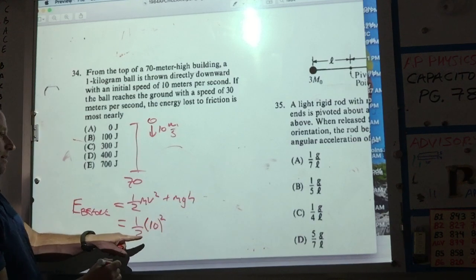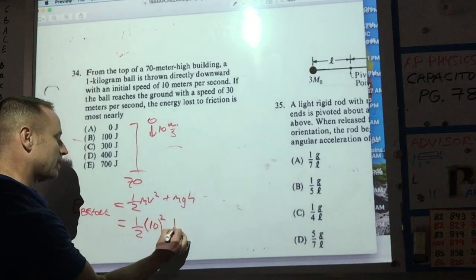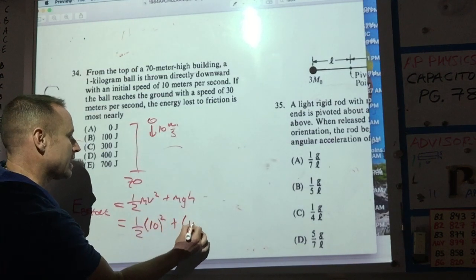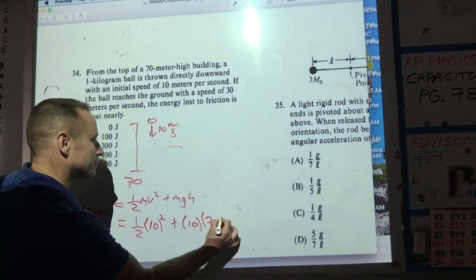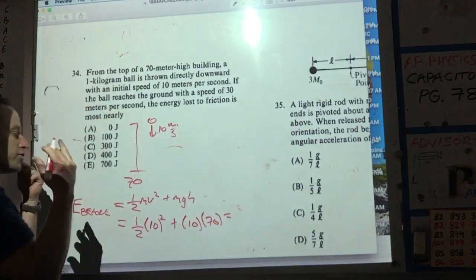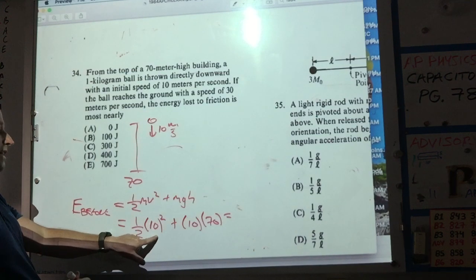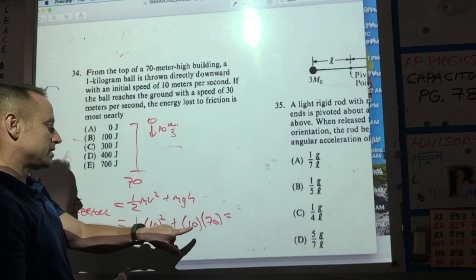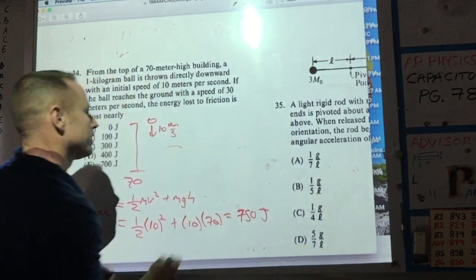I'm leaving the m out because it's just 1. Plus 1, and g is 10, and h is 70. So your total energy, your joules you have to play with, is half of 100, which is 50, plus 700. We got 750 joules to play with.